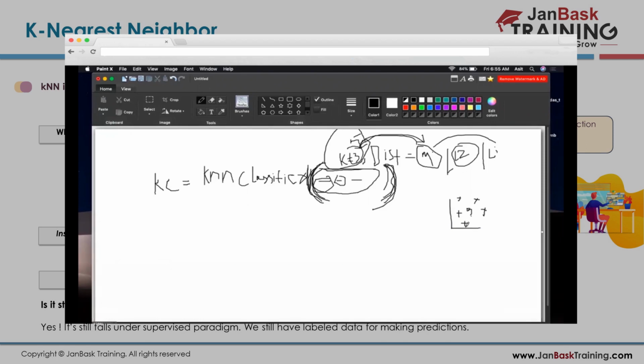If you have given k equal to 5, it will search for all the distances first, then identify the 5 nearest points in terms of distance, and it will identify that cluster.